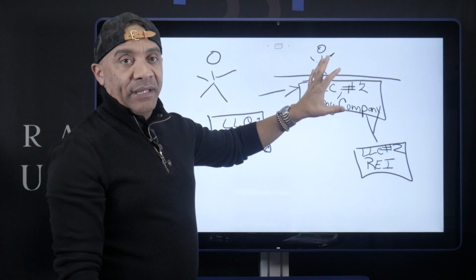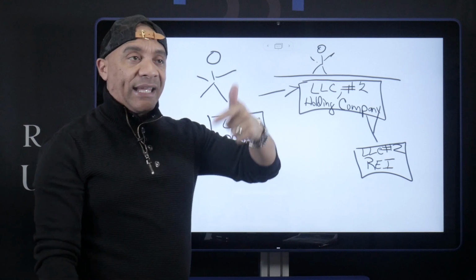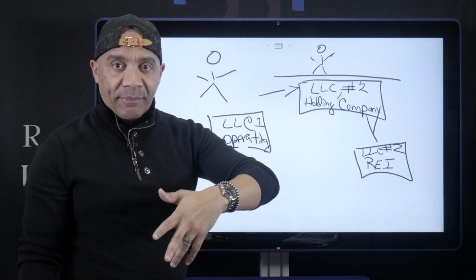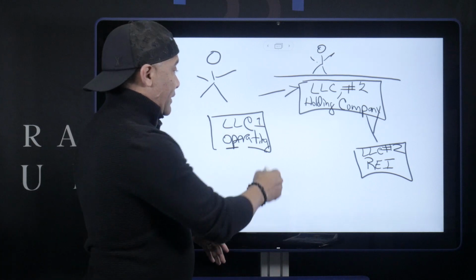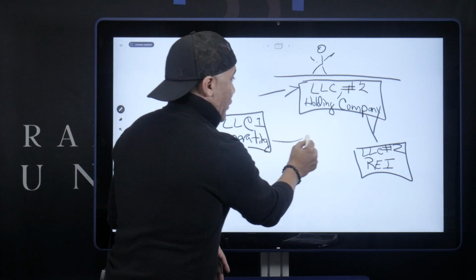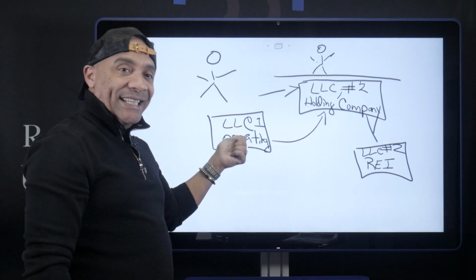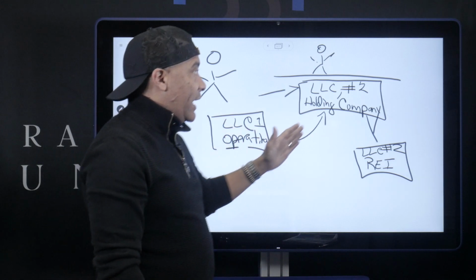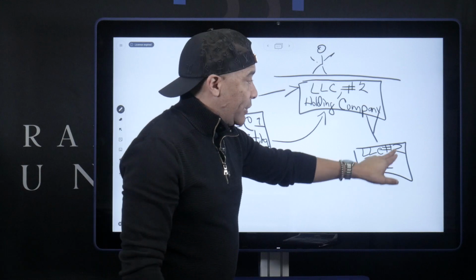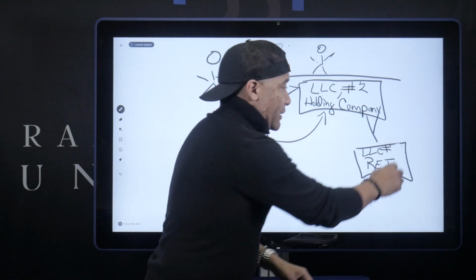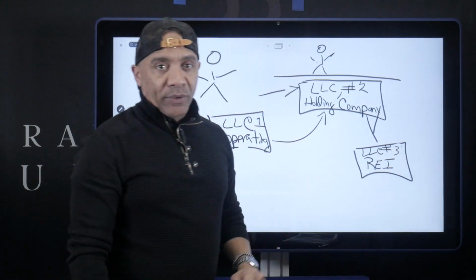Once your holding company is set up, meaning that you got your EIN, you got your bank account, your Secretary of State paperwork, your operating agreement, once that gets cleared, it's easy for you to transfer the ownership of this existing LLC, which is an operating company, under the holding company. And then you set up LLC, in this case, number three for your real estate business.